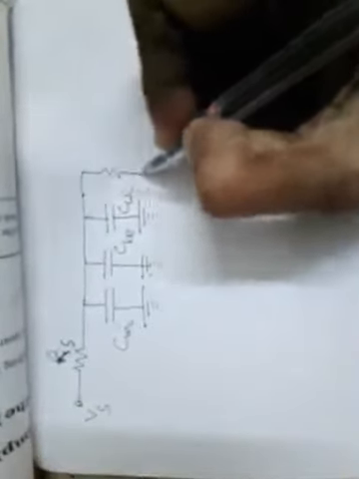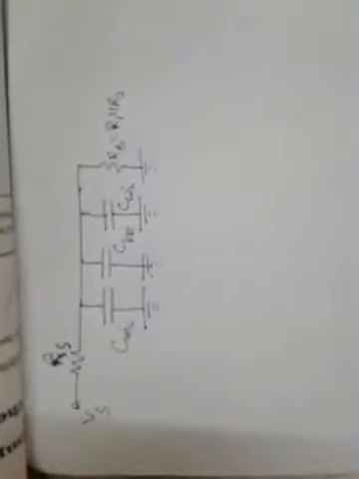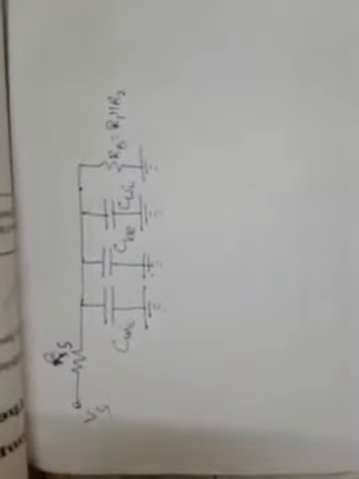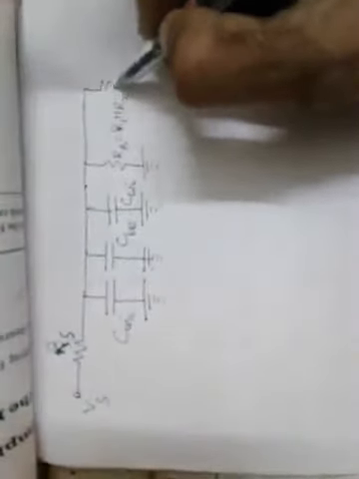Then we get RB, which is the parallel combination of R1 and R2. So that is the input side, and now we should get the transistor model.